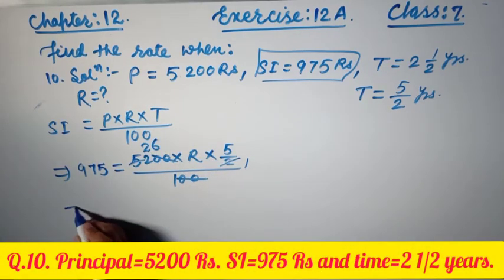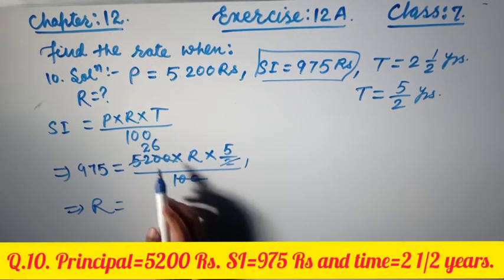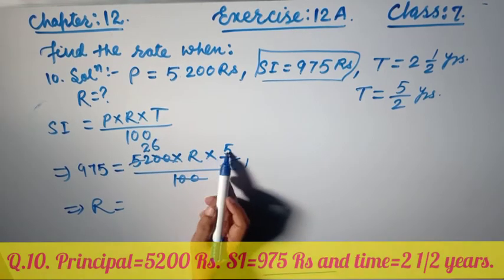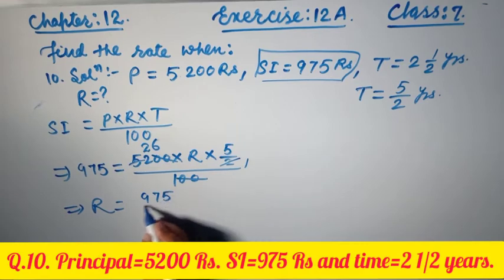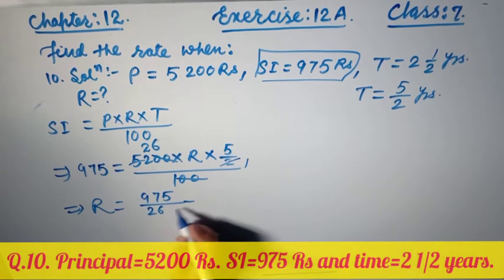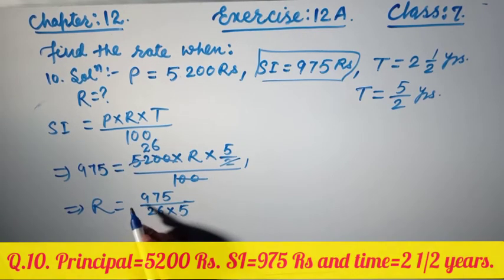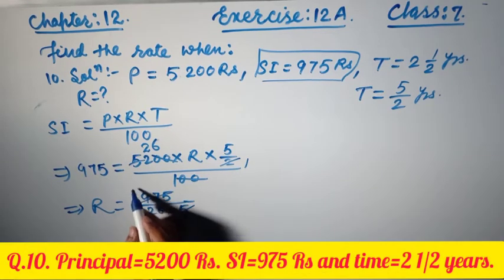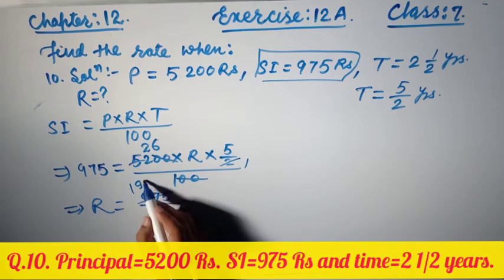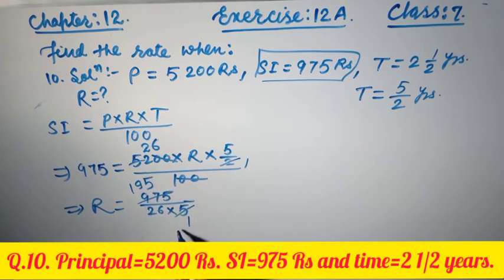Now R is equal to 975 divided by, 26 is in the denominator, multiplied by 5. Here 975 will get cancelled by 5: 5 ones are 5, 5 nines are 45, and 5 times 195 is 975.